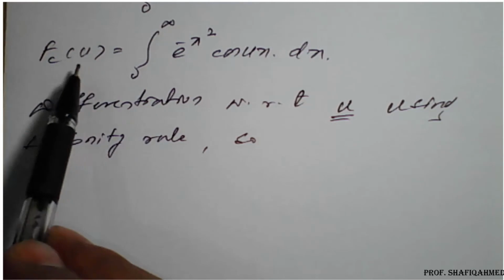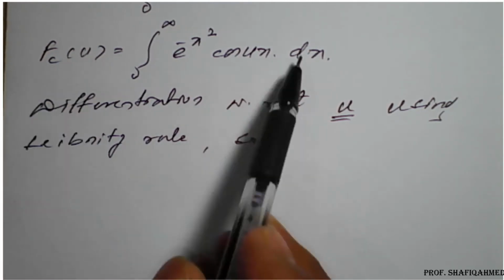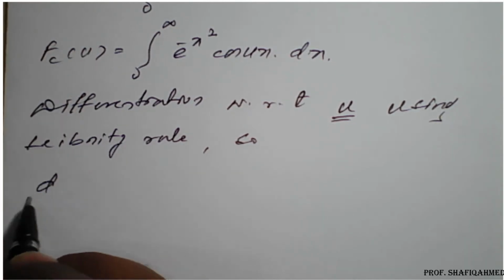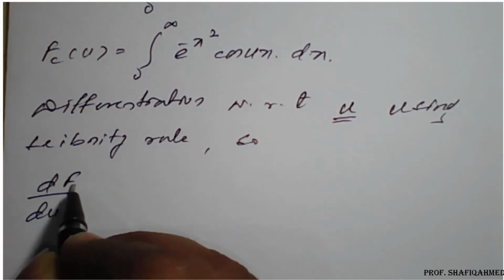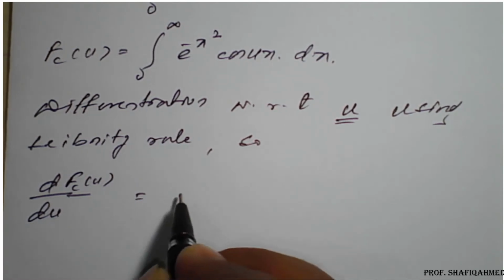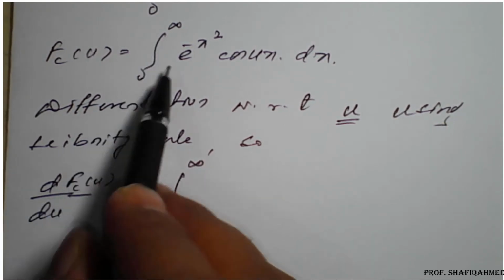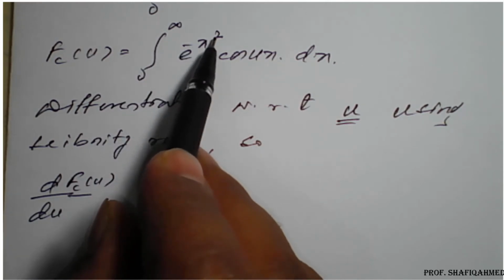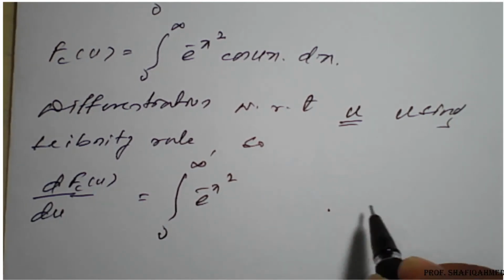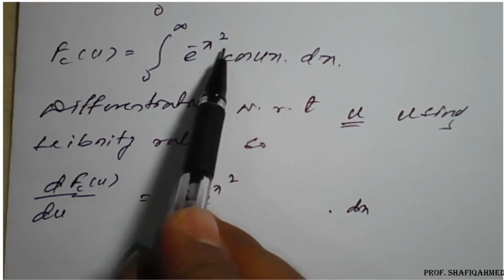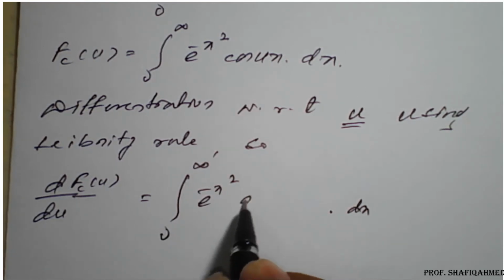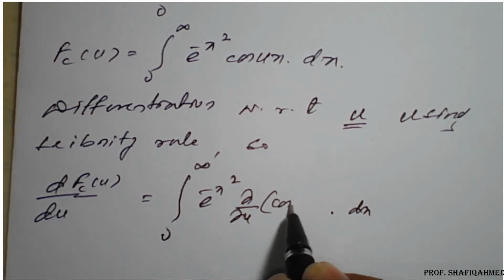If we apply Leibniz rule, the differentiation outside of the integral becomes d by du of fc of u, is equal to integral 0 to infinity, e raised to minus x square as it is, and dx as it is, and then partial derivative with respect to u of cos of ux.